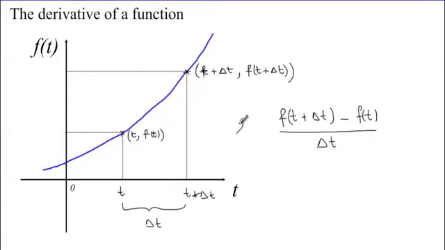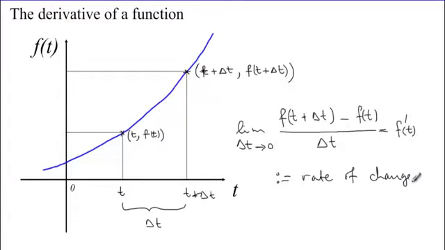Now its limit, which we calculated if it existed, as the change in the independent variable goes to 0, is what we're going to call f prime of t, or the derivative of the function. And I think the most important interpretation of this derivative is to interpret the derivative of a function as what we call the rate of change. In this case, it is the rate of change of the function with respect to its independent variable.